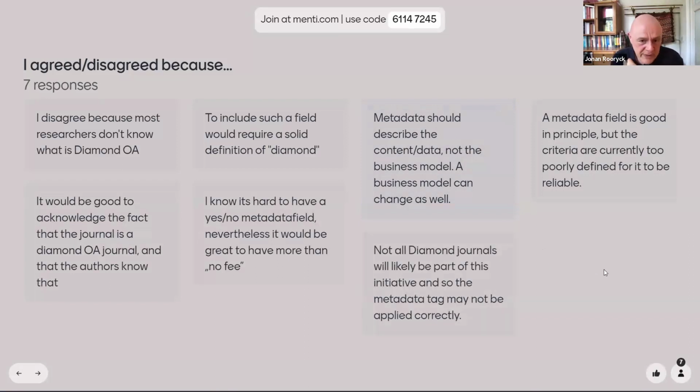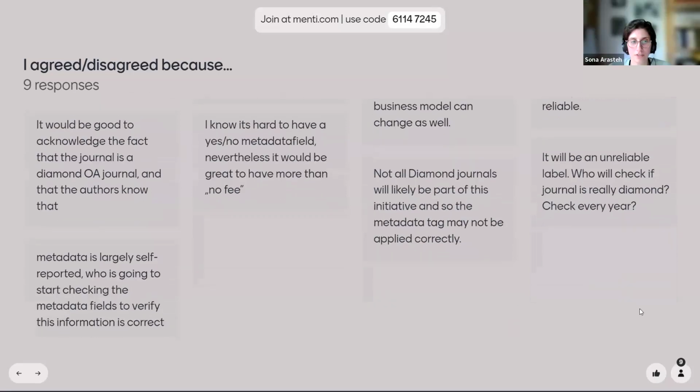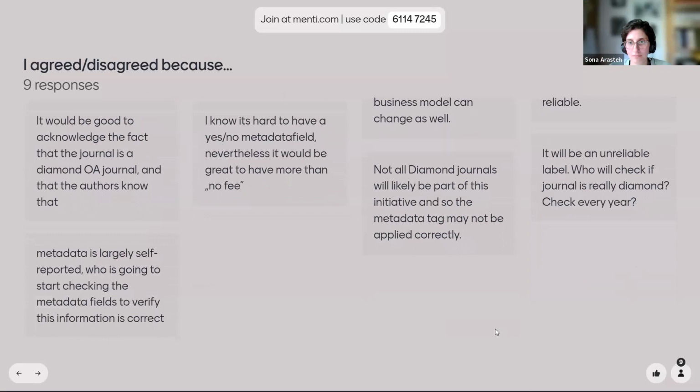I'm not sure that we need that in the metadata. I think inclusion in the Diamond Discovery Hub should be enough. Interesting. So there are questions about how that would actually work, which is fair.